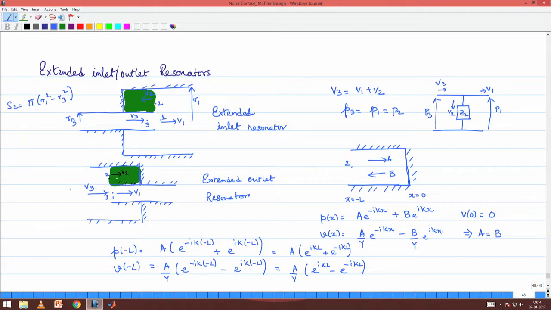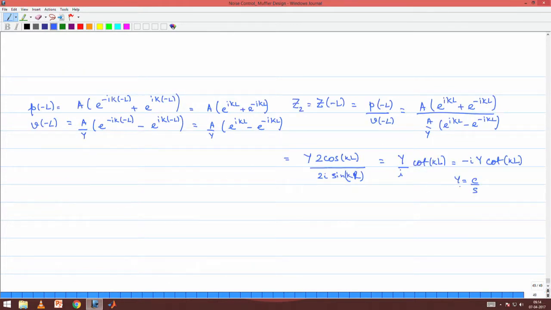Similarly, here S2 would be pi (R3 squared minus R1 squared), and the Y that I am dealing with is basically the area associated with that concentric chamber. So, S in this case would be the area S2, what I have marked as S2 in the previous diagram.